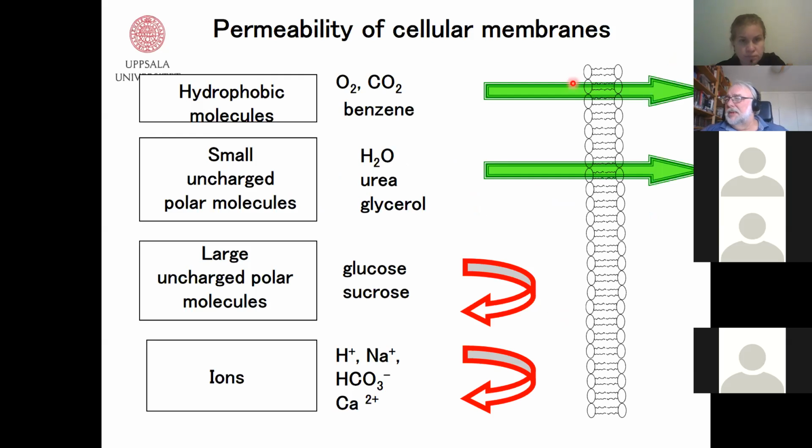Here we're coming back to this cartoon, which is very essential for us, and we will come back to it several times during our course, and that concerns permeability of the cellular membrane.